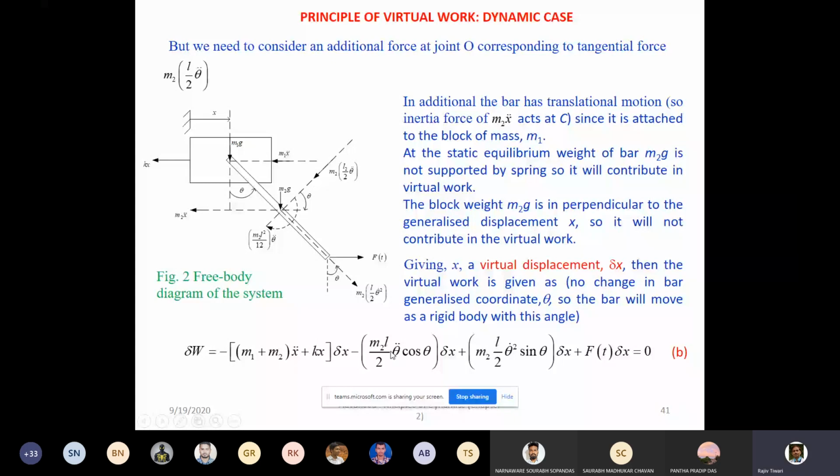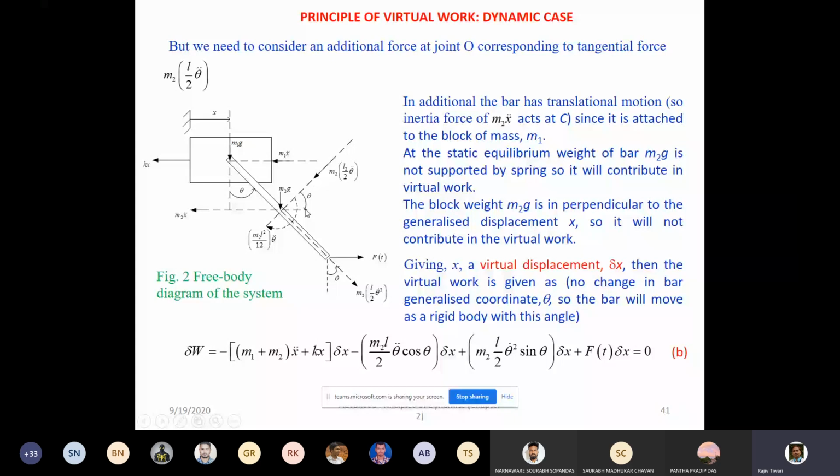The second one is the tangential force, which is acting in this direction. If we take the component of that in the horizontal direction, because virtual displacement delta x we are giving in the horizontal direction, that will be cos theta. This angle is theta, so cos theta into delta x. And because it's opposite to the delta x, negative sign is there.